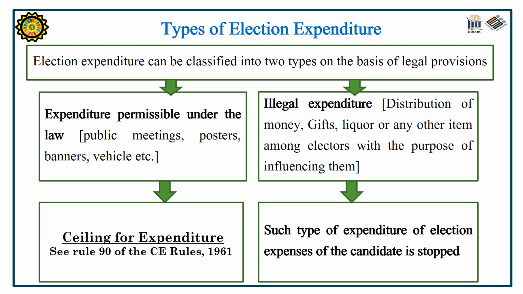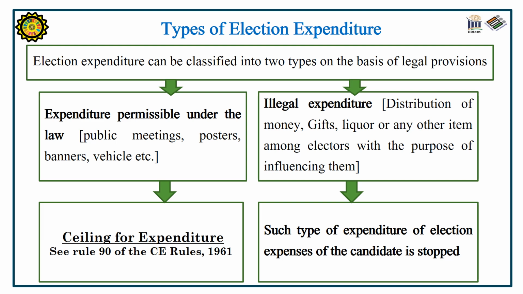Election expenditure can be classified into two types: legal expenditure and illegal expenditure. Legal expenditure are permissible under the law, such as expenditure in public meetings, posters, banners, vehicles, etc. They should be within the limit.